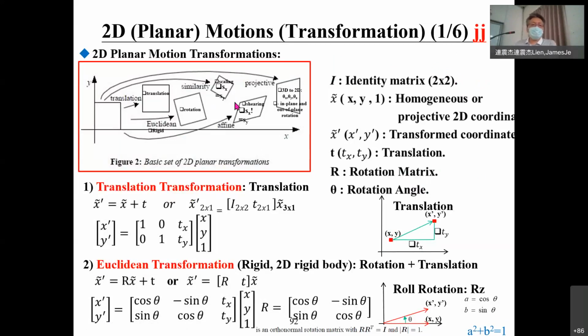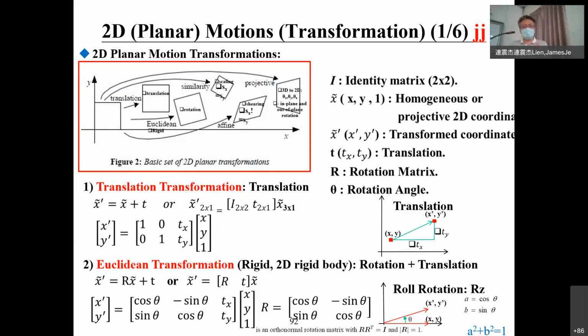So what is the affine transform here? Suppose the original square or rectangle is here. If you only have a translation, we call it a translation transform. There is an input and an output, and between input and output only translation information exists. From this center to this center, you only have tx, ty, since we suppose 2D.